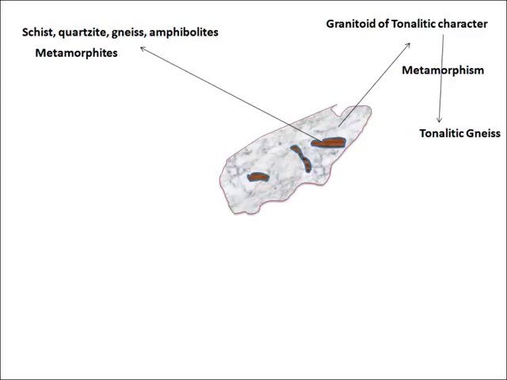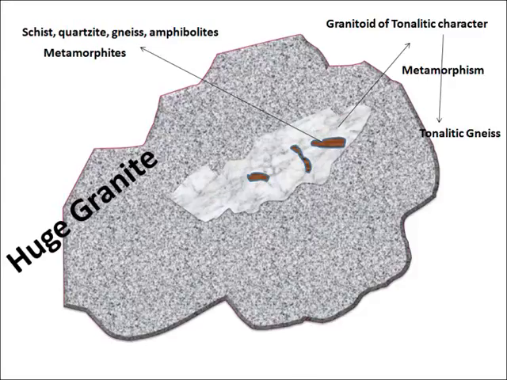Millions of years after, these rocks are subjected to weathering, erosion, and other superficial phenomena, and due to some tectonic activity, the previously mentioned older rock units are intruded by a huge granitic body, and those older rock units occur as enclaves within and adjacent to this giant granitic body. Let's call these huge granitic bodies the Singhbhum granite.